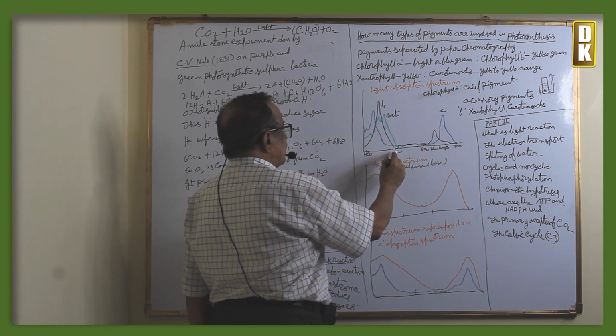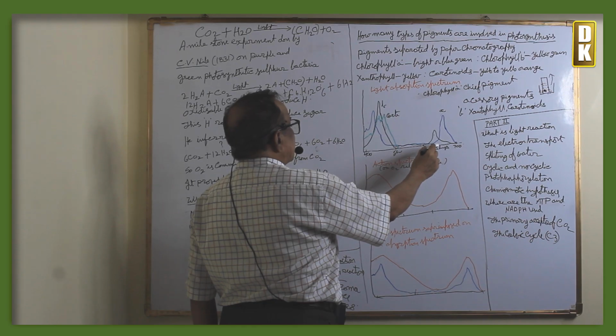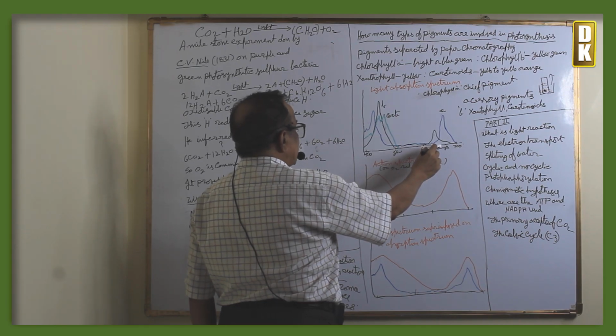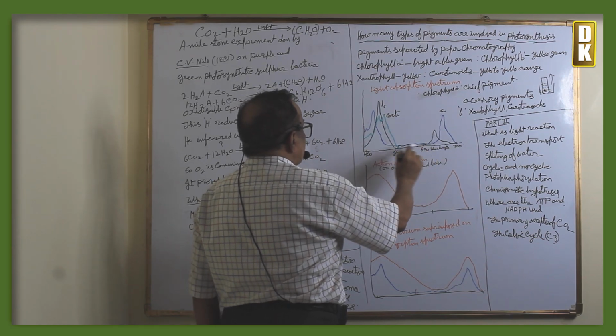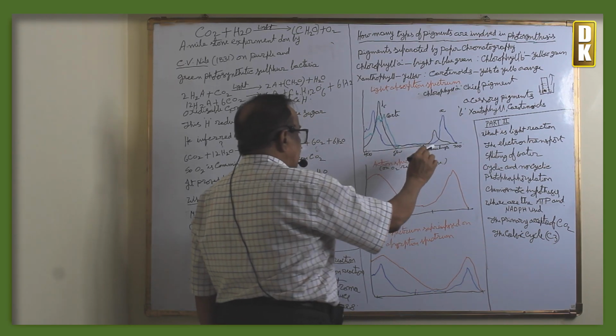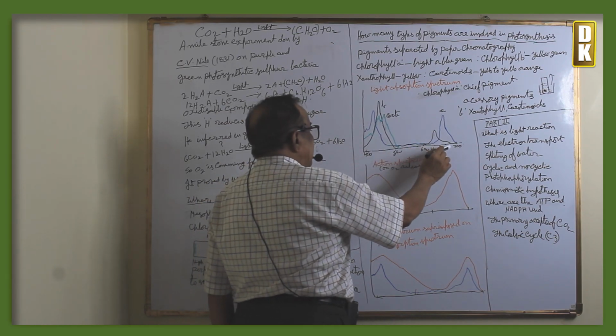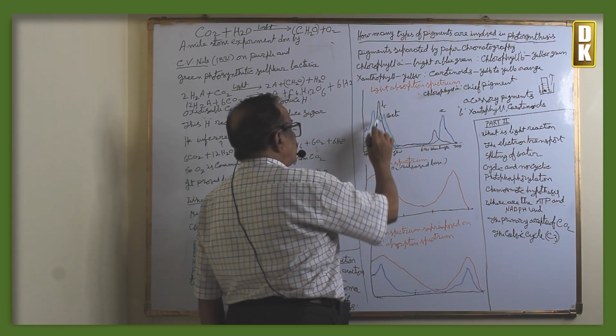At 640, they again absorb more light. In the red light, chlorophyll B will absorb less, but chlorophyll A will absorb more.